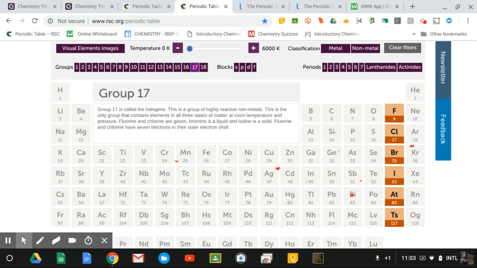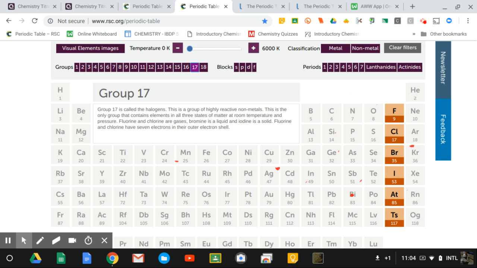It means, I don't know if it's Greek or Latin, but I think it's Greek, forming salt. Okay, halogens mean forming salt. That's why the name hydrogen also means forming water. It's an element that forms water.